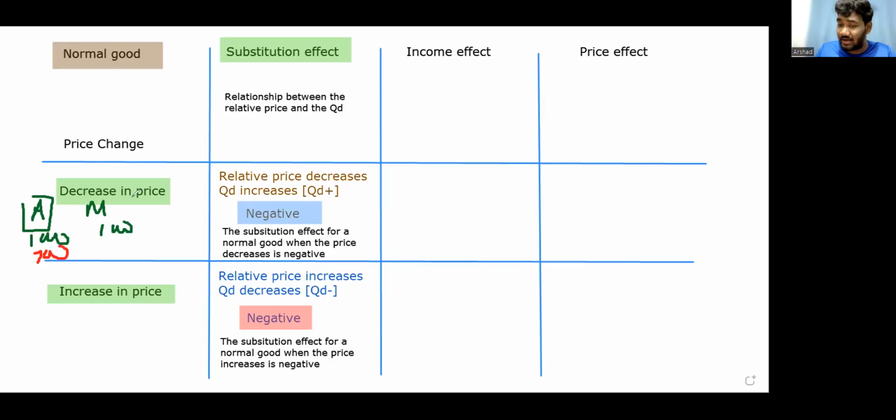Maliban didn't change. What happens to your relative price? 700 is relatively cheaper than 1,000. So when the price goes down, the good becomes relatively cheaper, and when the price goes up, the good becomes relatively more expensive. Any other questions, guys?